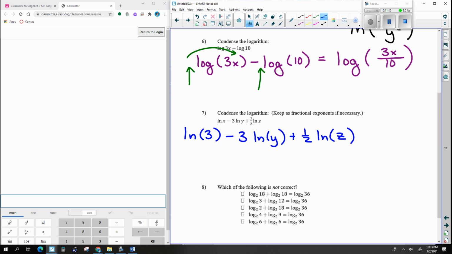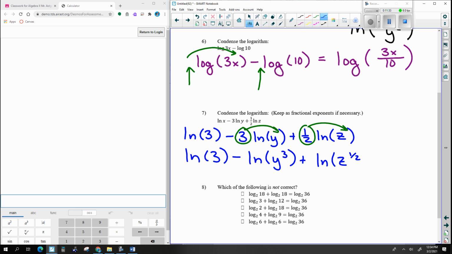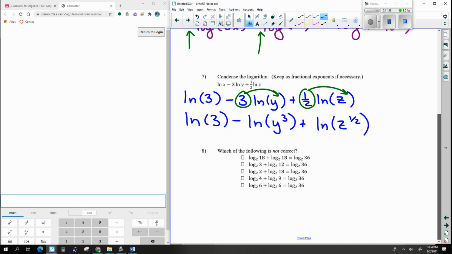So the first thing that I do is I take any of these front numbers and I put them up. 3 goes up on the y, 1/2 on the z, etc. Then any subtractions are divisions, any additions are multiplications. For simplicity, what you can do is you can put them on tops and bottoms.